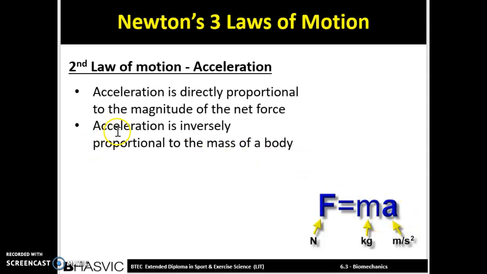This also means that acceleration is inversely proportional to the mass of a body. So if force is constant, as acceleration increases, mass should decrease to keep the force constant.